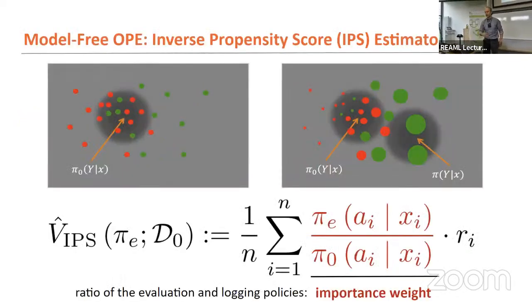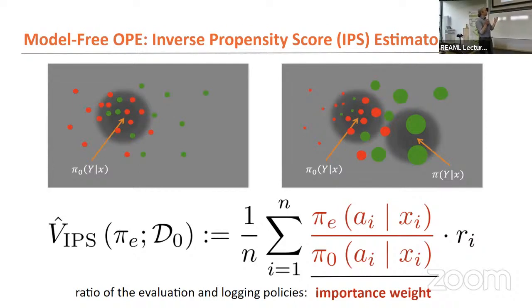So, okay, can we avoid this? Can we avoid these strong modeling assumptions? One way is to not impute these values at all, but to rely on the randomness that our logging policy had when it collected the data. When we have randomness, so that it picked actions not deterministically but stochastically, we can use inverse propensity score weighting.